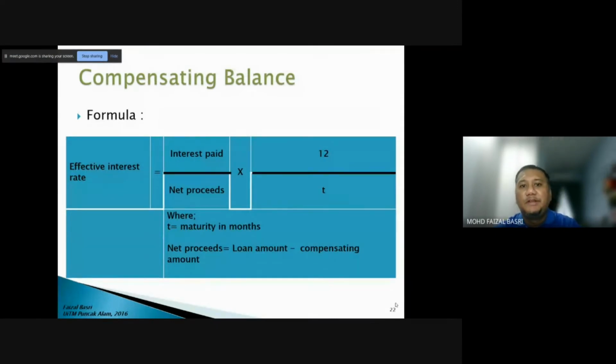So the same formula, okay, but now your proceeds you have to deduct with the compensating balance amount. So the rest is the same. To calculate the interest is the same, but the only difference would be your proceeds.